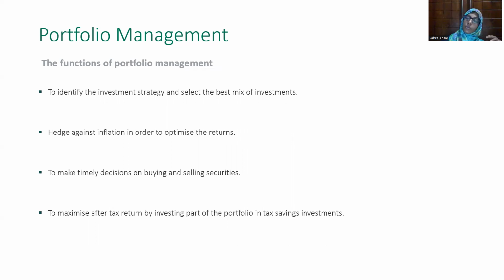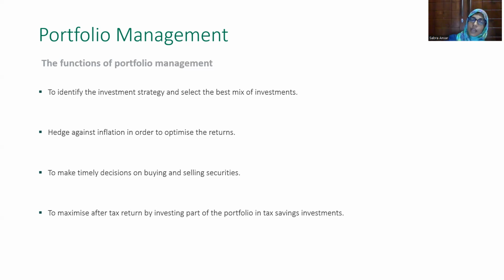Now we will move on to the fourth function of portfolio management. As you can see, the fourth function is to maximize the after-tax return by investing part of the portfolio in tax savings or investments.